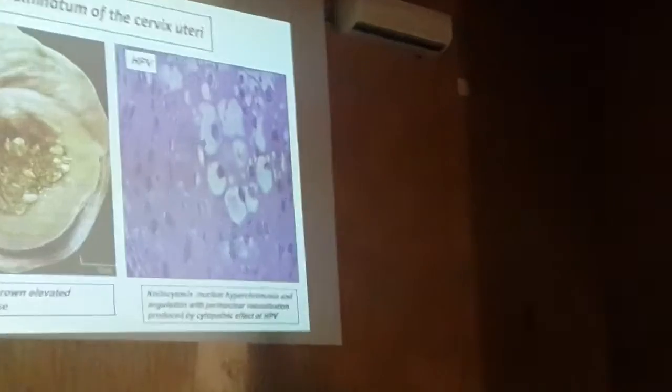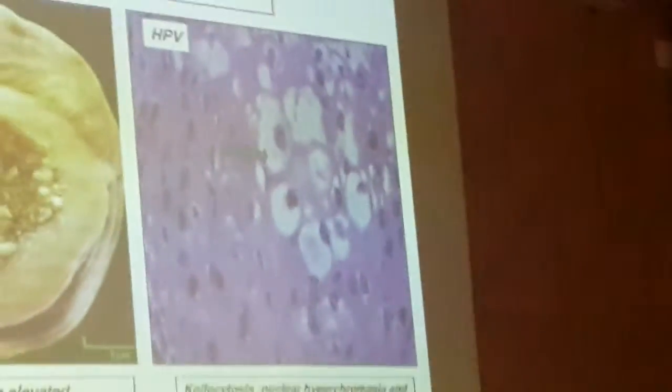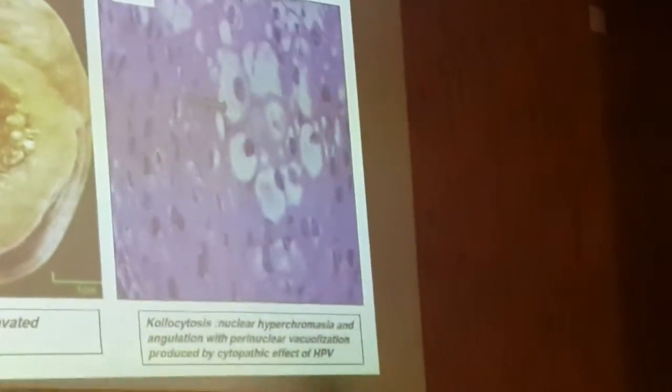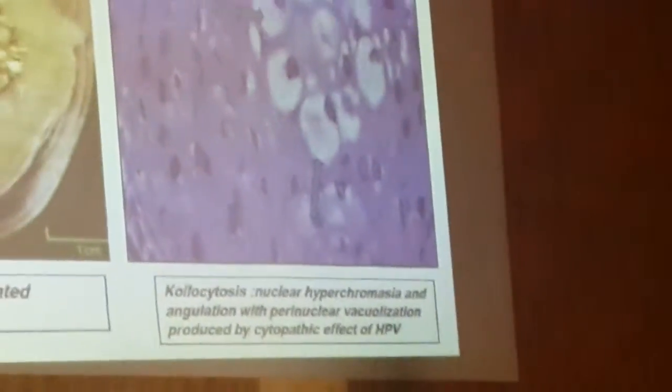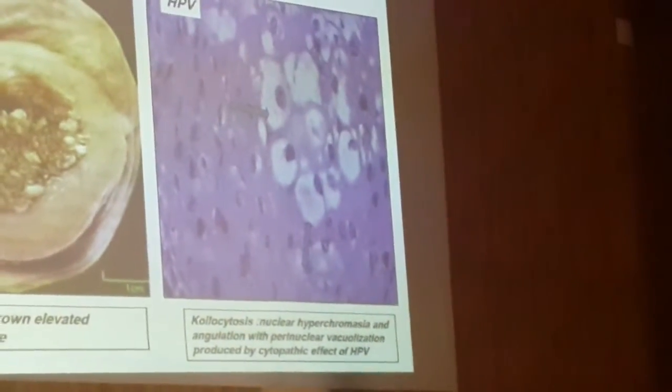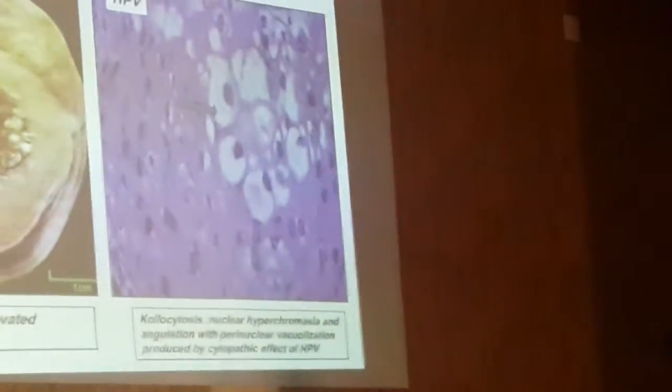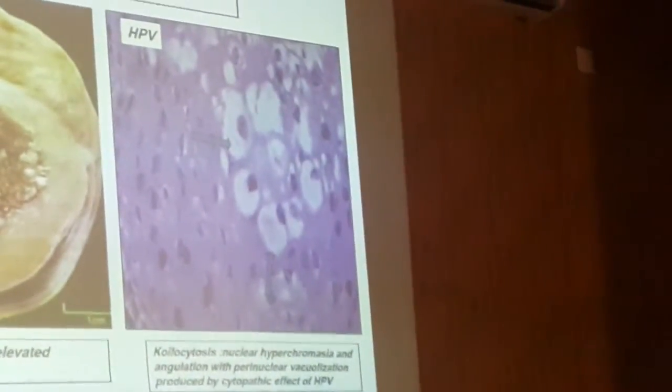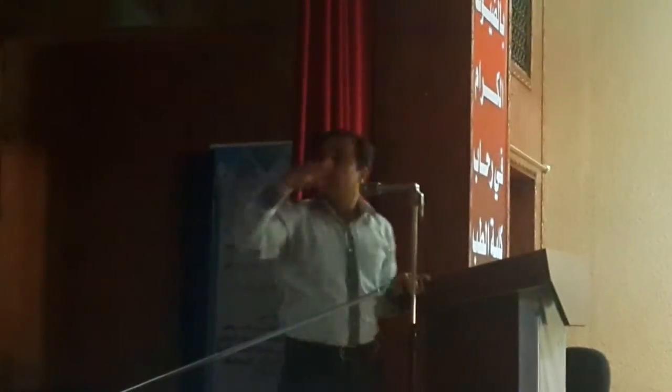And what will you find microscopically? Microscopically, HPV will cause koilocytosis. Remember the word koilocytosis. What is koilocytosis? There is nuclear hyperchromasia. Nuclei become dark and they are surrounded by a perinuclear halo, a space.